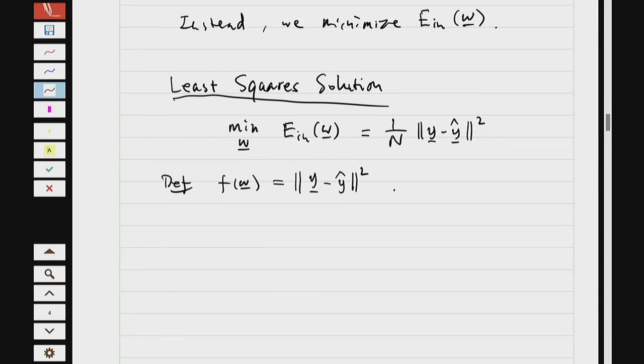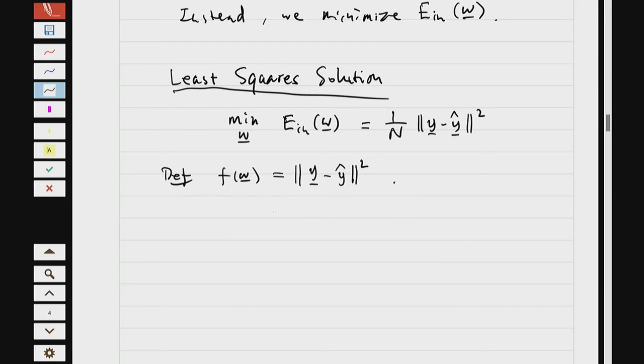And the common thing that we have learned how to do, either in high school or in first year calculus, is we take the gradient. But before we do that, let's write down a few more details about this f of w. Remember, y hat is simply x times w.